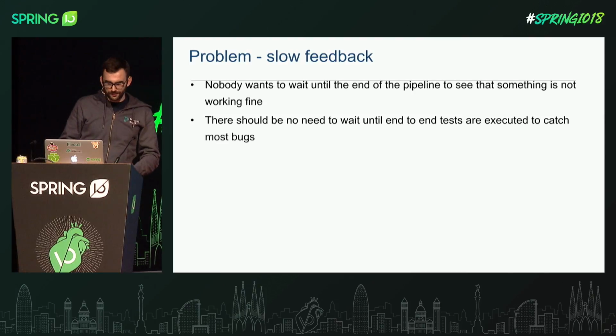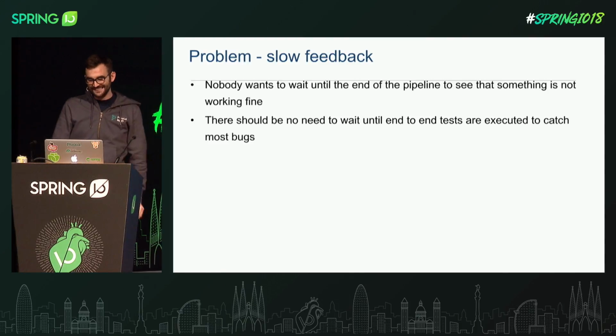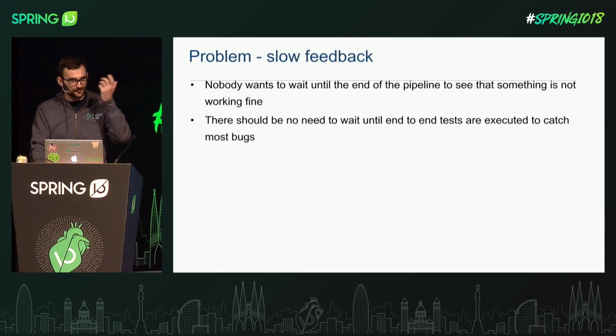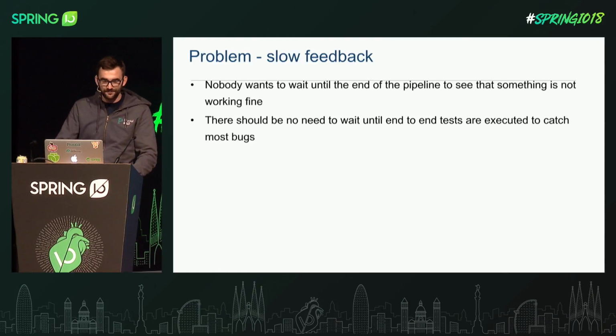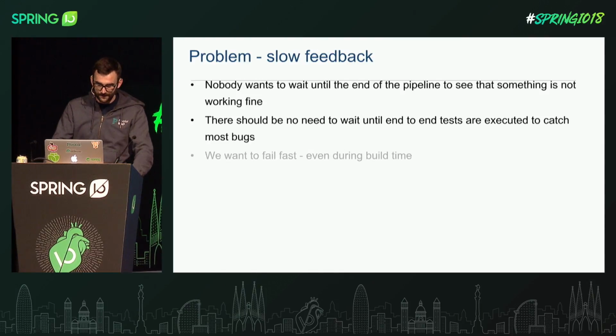In one of the companies I worked for, we even managed to split end-to-end tests into separate jobs in Jenkins, so we can rerun only a job, not the whole suite. Of course, it's a terrible thing to do because it only proves that we didn't solve the original problem. But what we would like to achieve is to fail as fast as possible, like shift left in the pipeline.